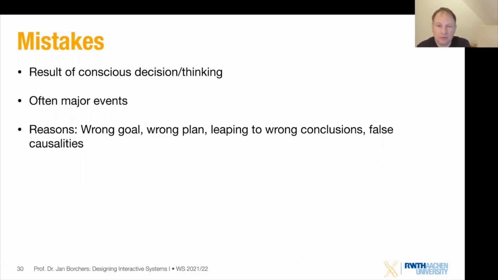Oftentimes, people leap to wrong conclusions about the conceptual model for a technology, or they assume false causalities. A great example would be, the internet stops working and somebody reboots their computer, although if they'd glanced over at their router, they would have seen that the cable company just dropped the line. So rebooting the computer isn't going to fix anything.